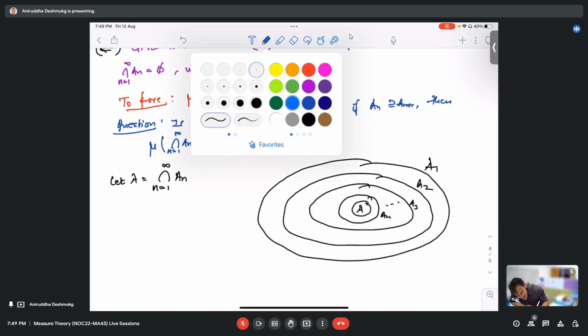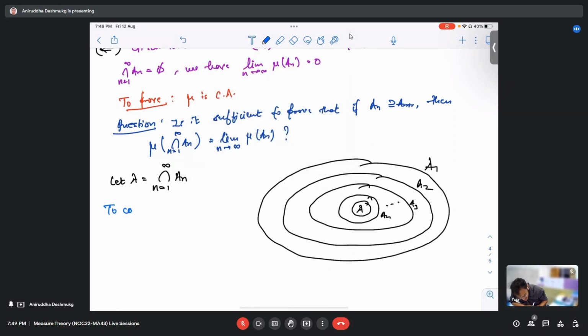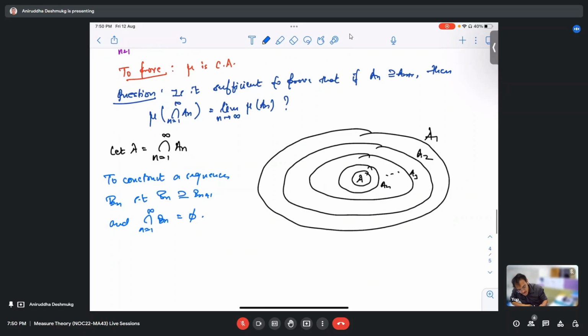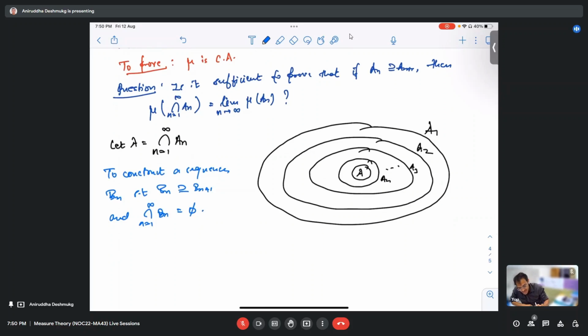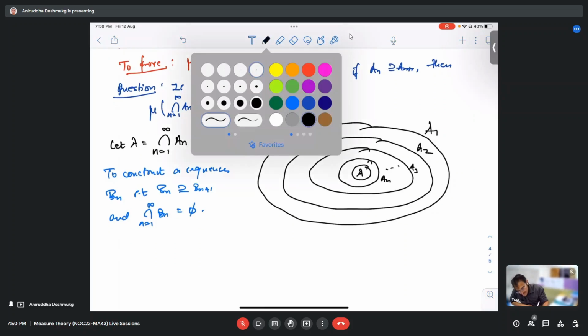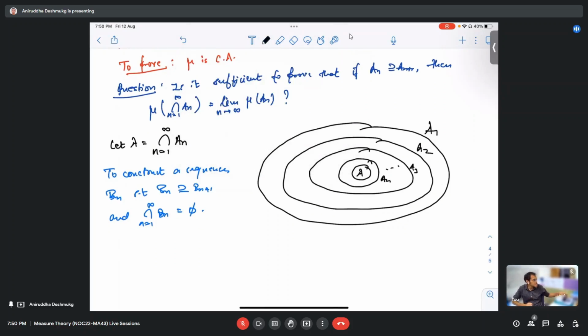So what we want to do is construct a sequence, let us call it Bn, such that Bn is decreasing and the intersection of Bn's is empty. Can we do that using this sequence An and the intersection? What do you think?